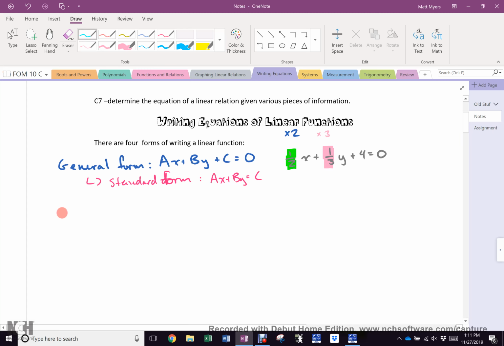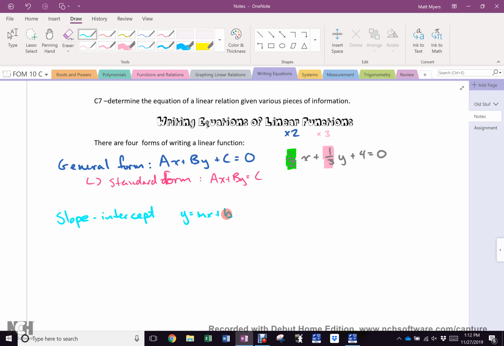And then there's the last two, which are slope-intercept. Now, in graphing, slope-intercept is really important, right? Because it makes it super easy to graph. And it's also a real good way, if you have the graph, it's really easy to get to slope-intercept form, yes?